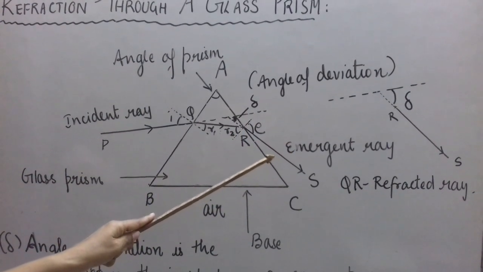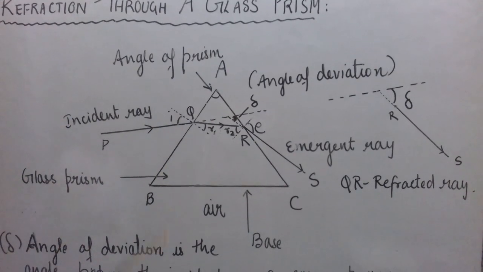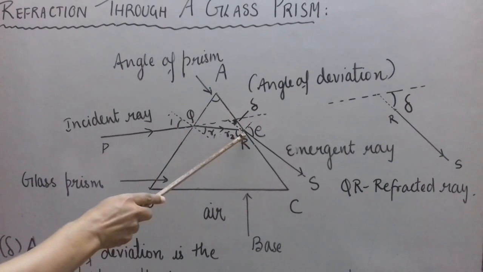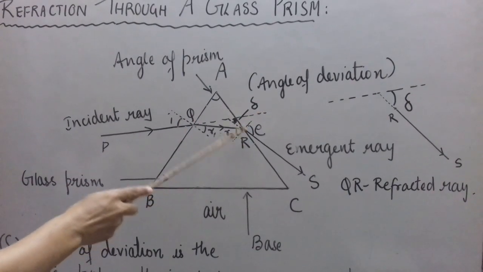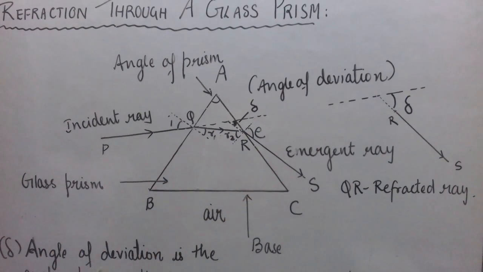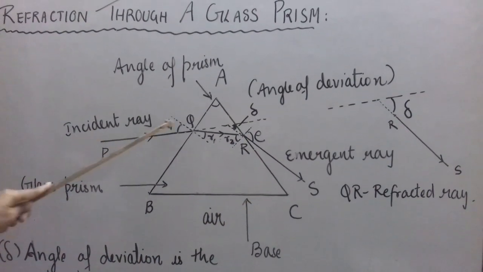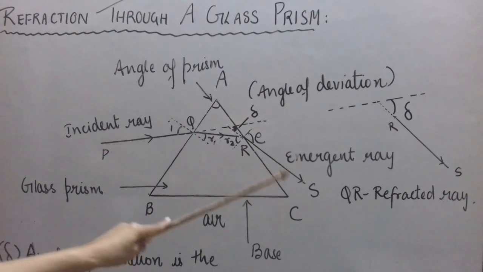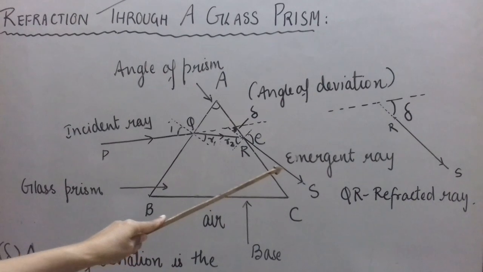Otherwise we know that for the refraction at Q, this is my incident ray, this is my refracted ray; for the refraction at R, this is my incident ray, this is my refracted ray. But overall, I'll call PQ my incident ray, QR the refracted ray, and RS the emergent ray.